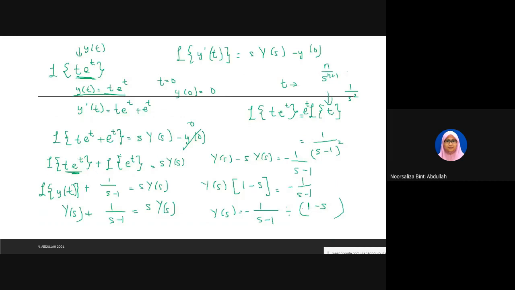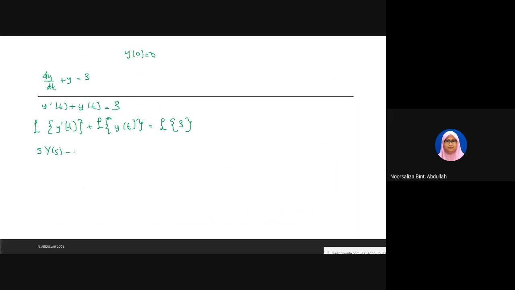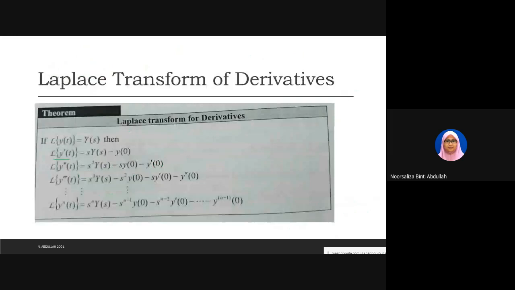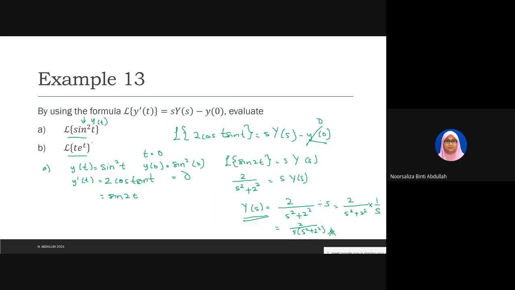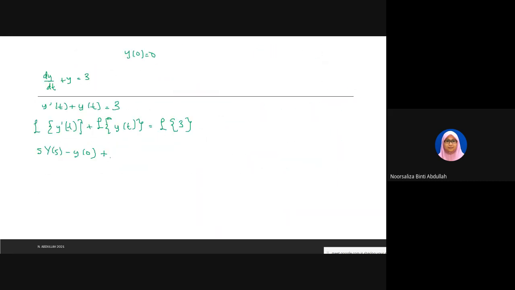So this one is sY(s) minus y(0) plus Laplace for y(t). Laplace for y(t) equals to Y(s).